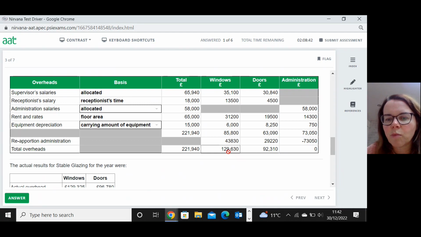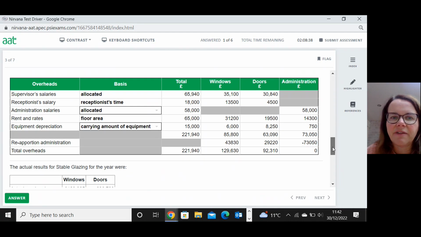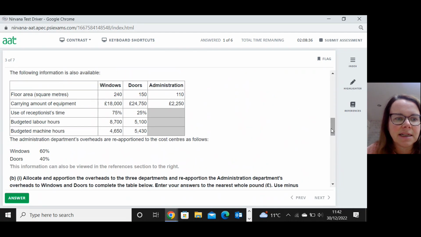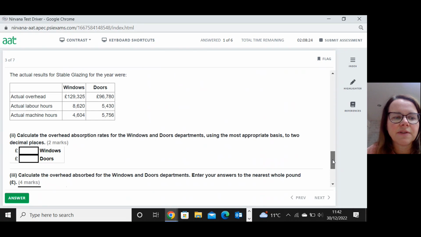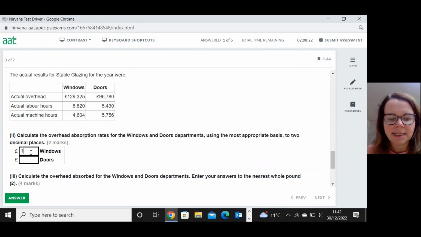So we need to do that 129630, which is our budgeted overhead, divided by our budgeted labour hours for Windows. So 129630 divided by 8,700 gives us £14.90 as the overhead absorption rate.